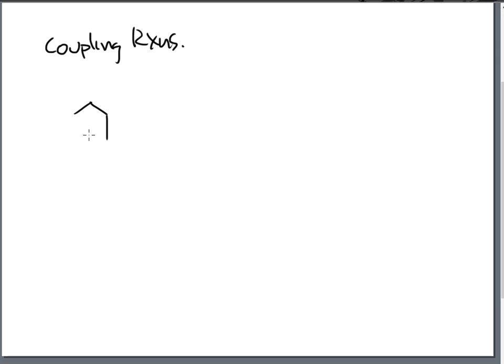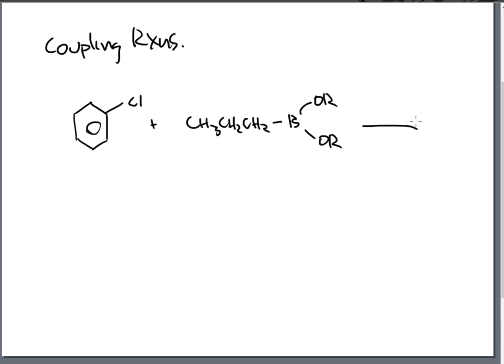We were doing examples like this: chlorobenzene, and then we threw in things like CH3, CH2, CH2 with a boron and an OR and an OR, palladium, hydroxide. That was called the Suzuki.